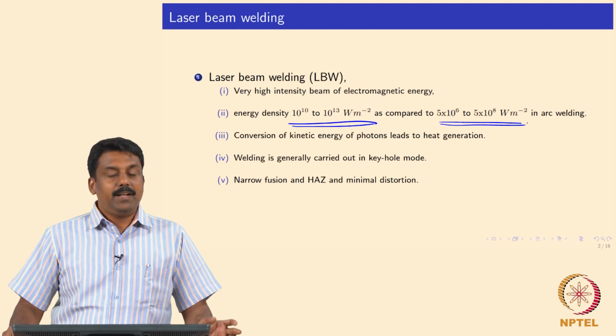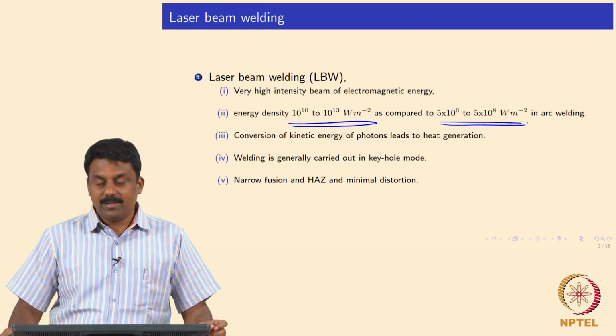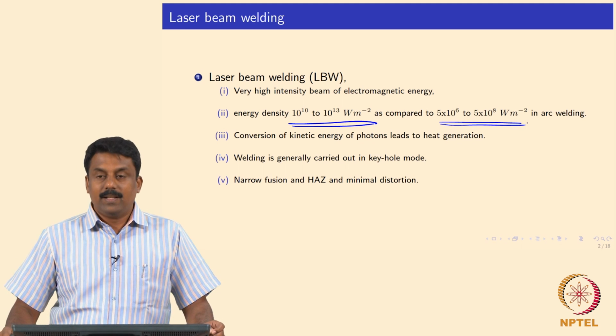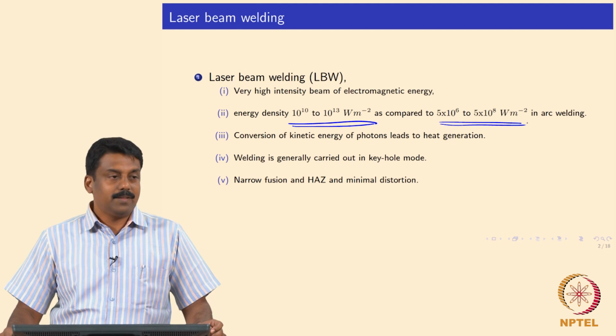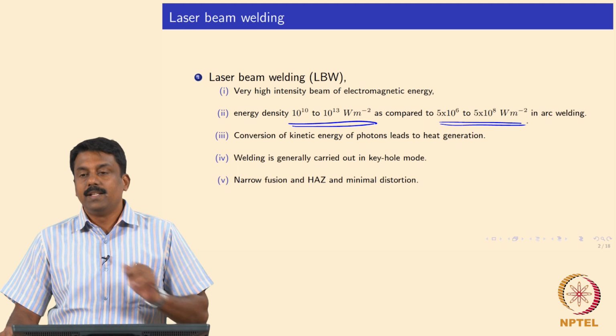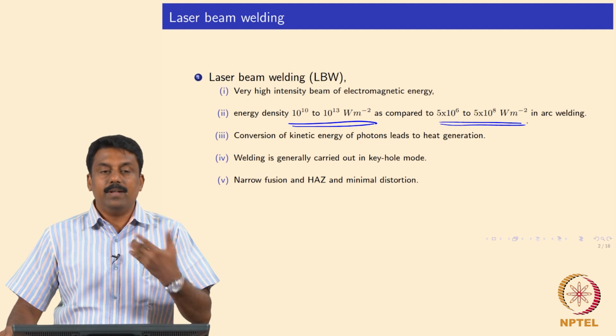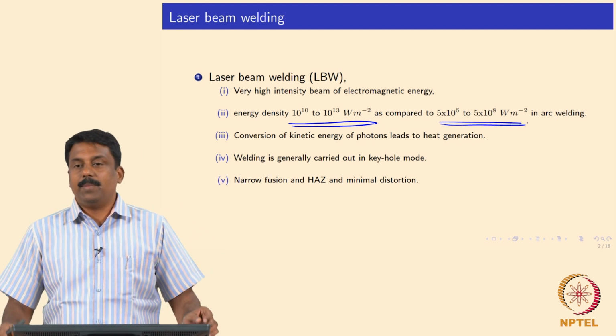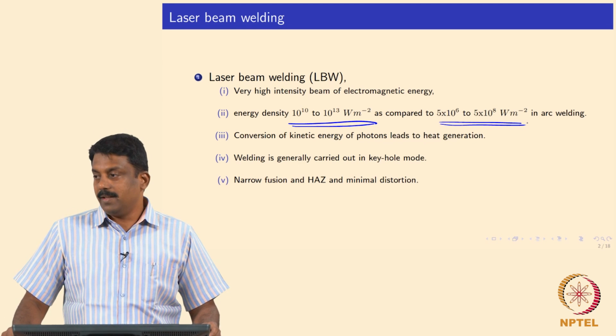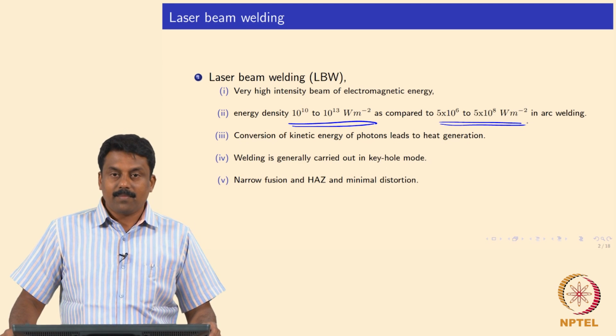And how do we generate heat? These laser photons have kinetic energy. When the kinetic energy is transferred to a workpiece, a metal, the energy is converted into thermal energy.